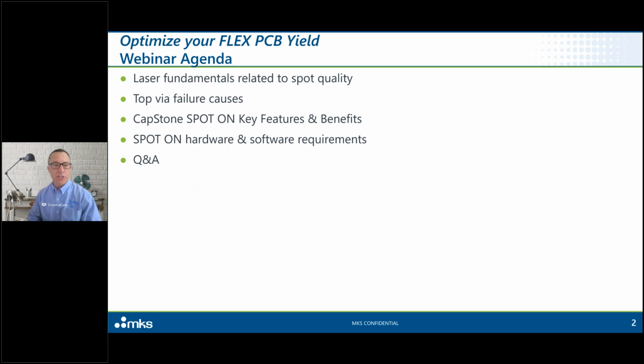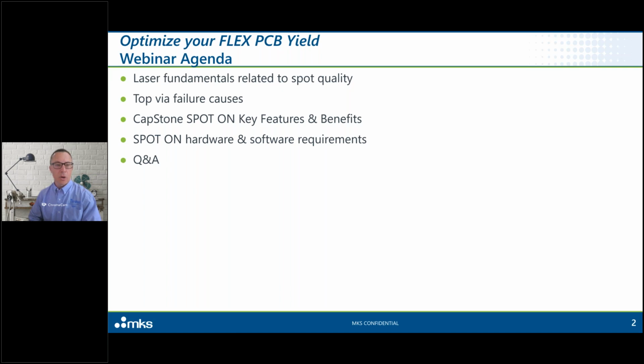So the brief agenda here is we're first going to cover some laser fundamentals. It's important to understand the importance of spot quality and some of the challenges with maintaining proper focus of the laser. We'll talk about some of the leading causes of failures for vias.